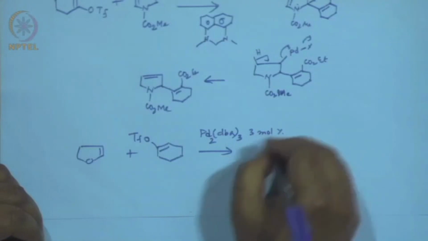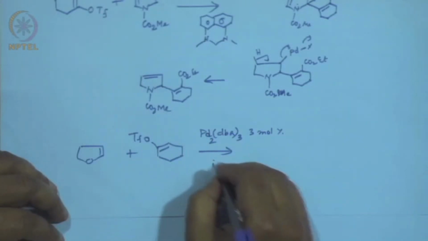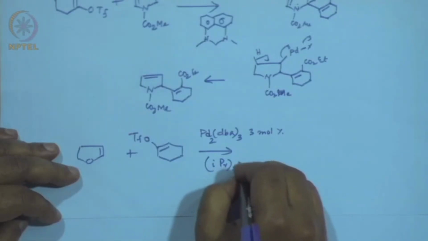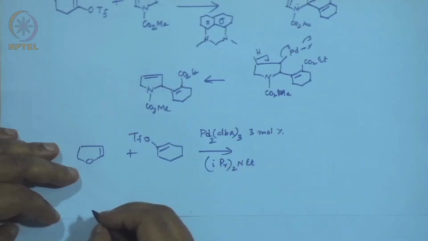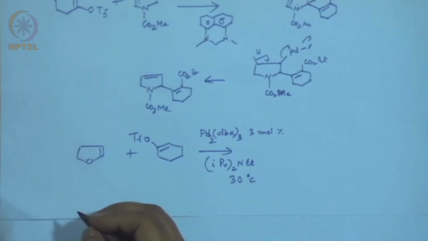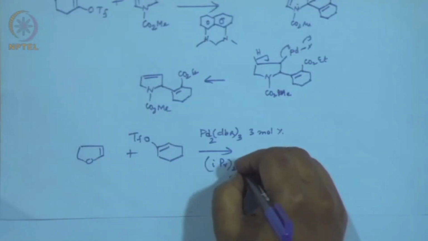Mind it, the percentage requirement of the catalyst is very little, and then diisopropylethylamine, and the temperature is only 30 degrees, sort of like room temperature, and again a base is required, an amine base.